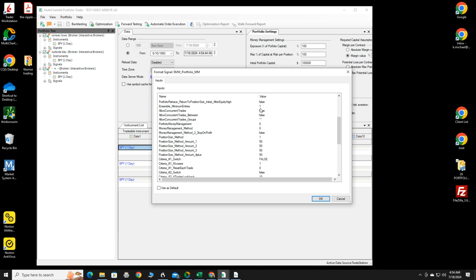When you shift the number upwards to 2, 3, and 4, it means you must have, let's say at 2, strategies must be trading at the same time for there to be a real trade.